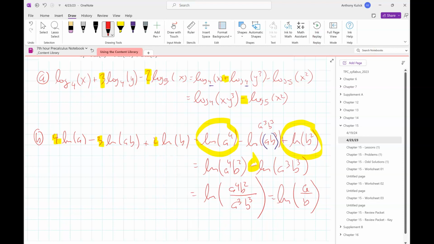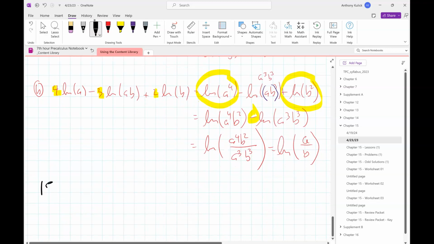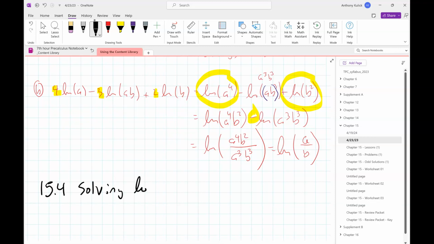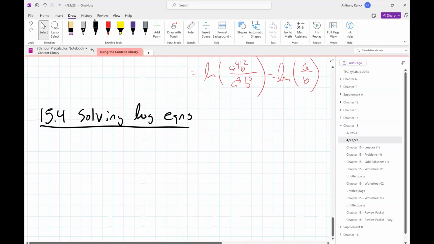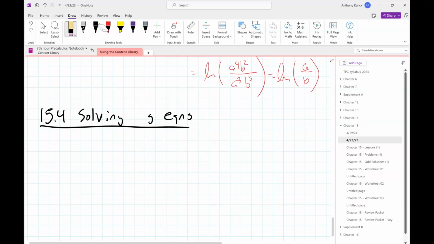Let's get that. All right, 15.4. In 15.4, we're going to talk about solving exponential and logarithmic equations.